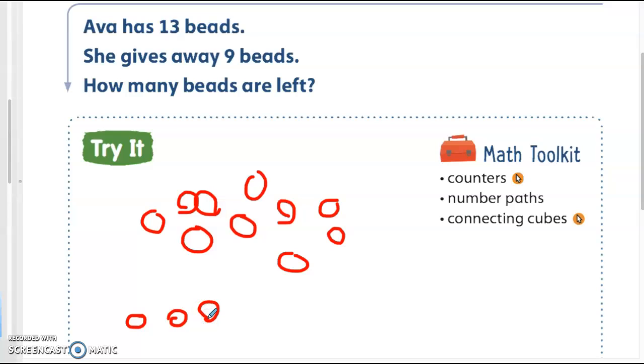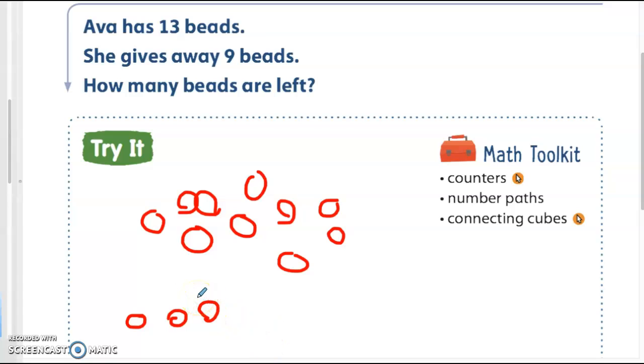So she gives 9 of them away. How can we do that on our paper? How can we show she gives 9 away? I hope you said we could cross them off, because crossing them off would be like getting rid of them, right?